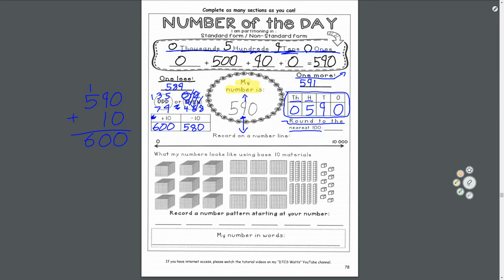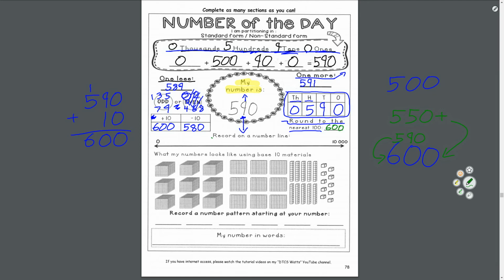So we have 2 places we might go to. So the number is 590, so it will either be 500 or 600. If your number is 550 or more, you will round up to 600. And our number is 590, so that's more, so we round to 600.